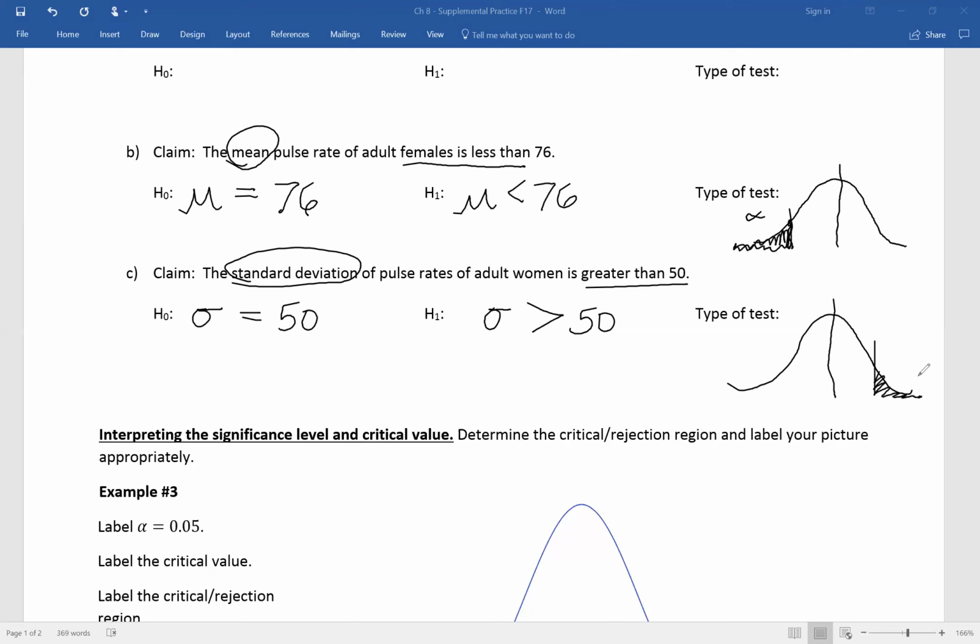Actually, I'm going to use a proper distribution for this. Standard deviations, when you get into 8.5, have a different distribution. It's chi-squared. So it would be a right-tailed test out here. Looks almost the same, except this is 0 rather than the mean.